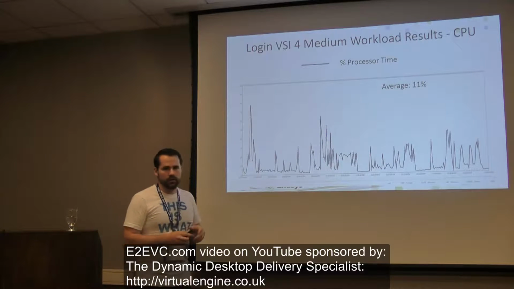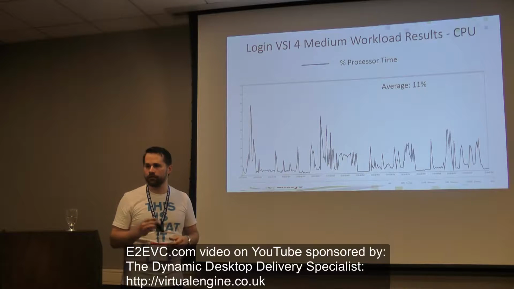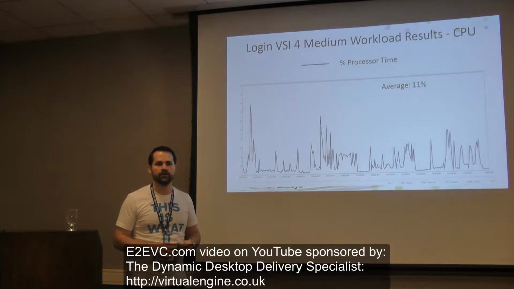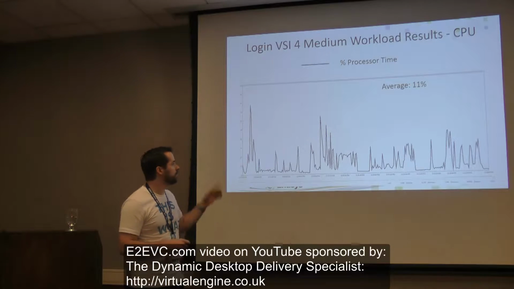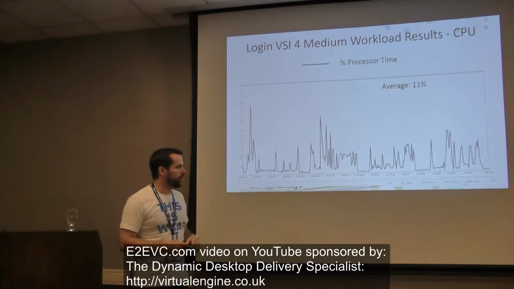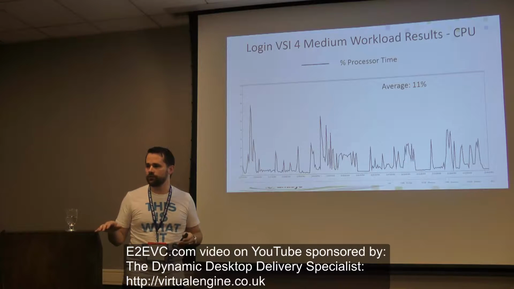And what I found was that over the 48-minute period of the workload, the average CPU on that quad-core 1.5 gigahertz was about 11%. There were peaks and valleys, of course, throughout that period of time, but the average was 11%.